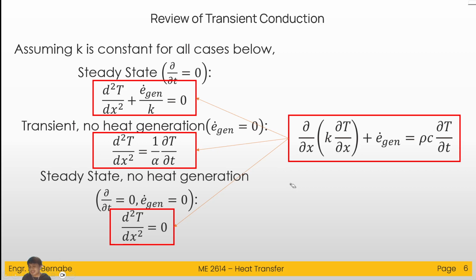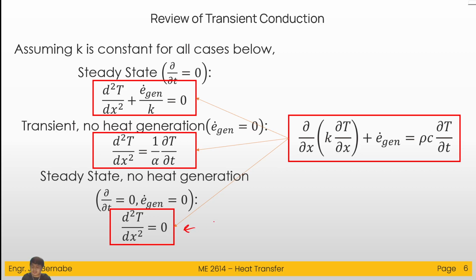Why is this important? I just want to show you that the transient differential equation is much more complicated than the steady state differential equation. So for steady state with no heat generation, the differential equation is just the second derivative of temperature with respect to the space variable x equal to 0.